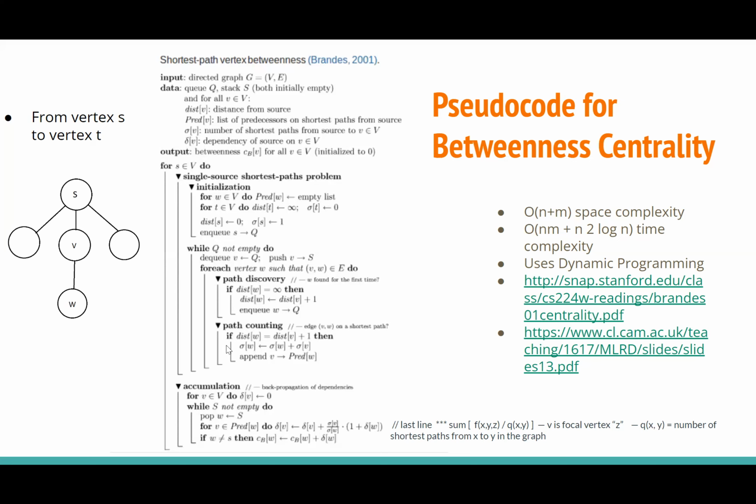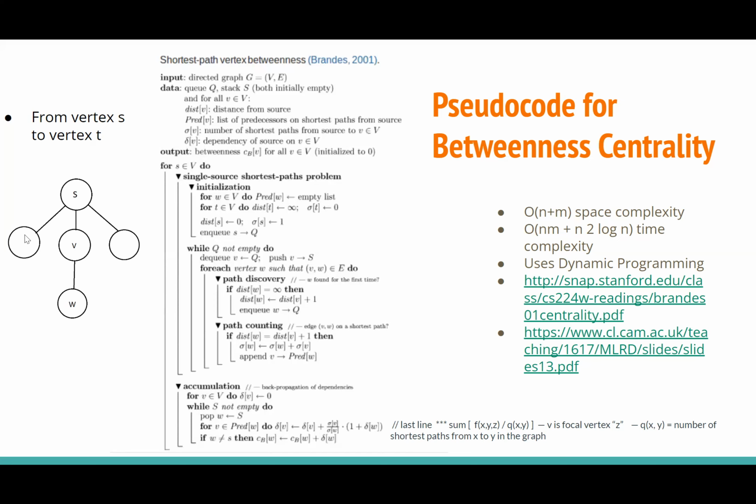And then we'll do finding the shortest edge from V to W. So if the distance from W, which is one of these three in this case, because we start with S, is indeed the distance from V, the source, plus 1, which we have agreed they are, then the new shortest path is the shortest path of V, which is 0, plus the shortest paths of these three.